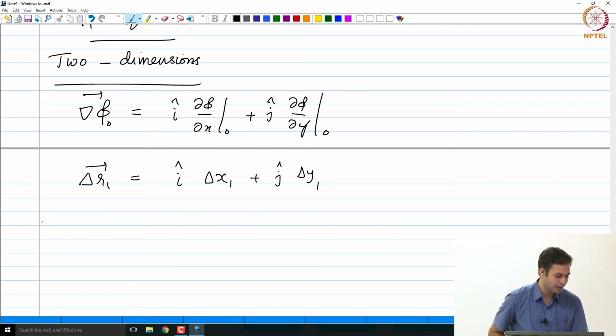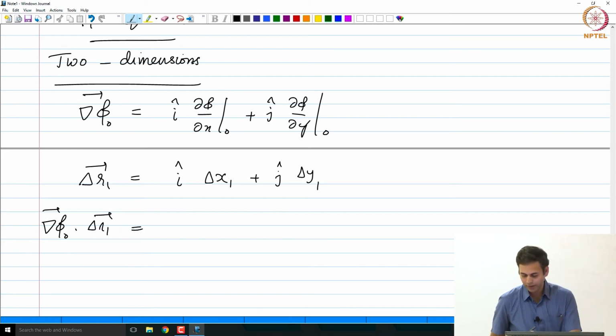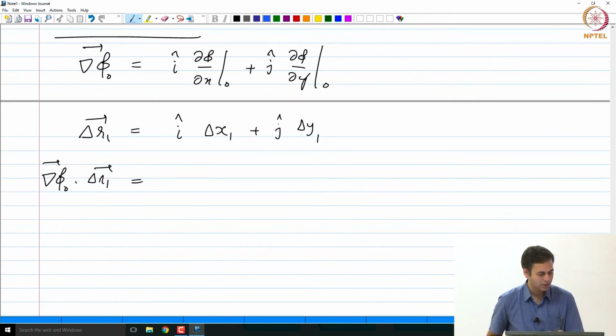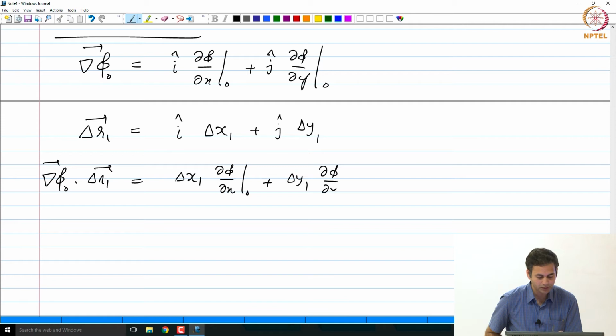So, what is this product delta phi bar dot delta R 1 bar that we have in each of these terms? We have this product here. This would be basically delta x 1 partial phi partial x 0 plus delta y 1 partial phi partial y 0, right. That is what we have.